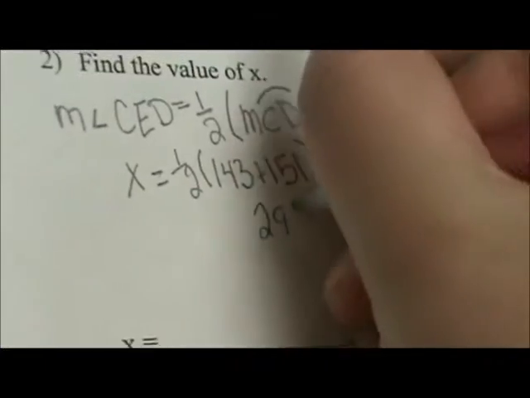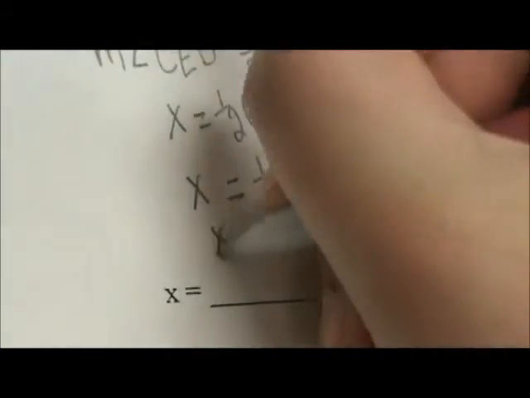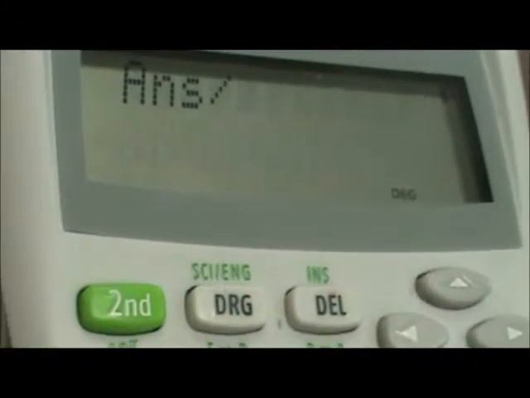So x is equal to 1/2 times 294. And when you take 294 divided by 2, you will get 147. So x is equal to 147.